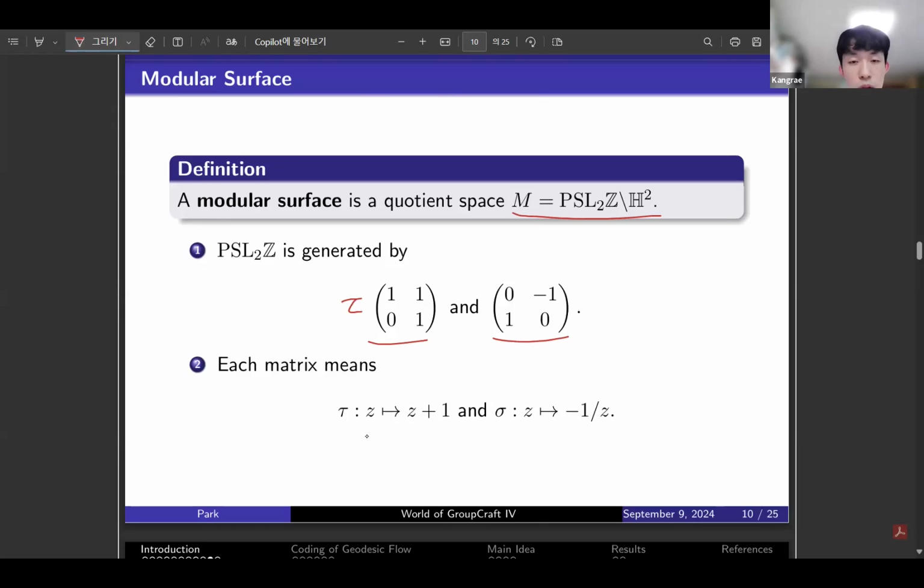By Möbius transformation, it is just (z plus 1) over (0 plus 1), so this is z plus 1. The second element, sigma, transforms z to (0 minus 1) over (z plus 0), so z goes to minus 1 over z. So tau means just translation, and sigma means inversion with respect to the unit circle.